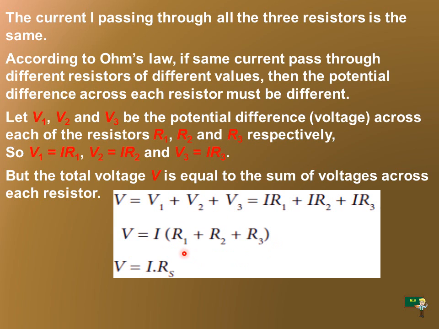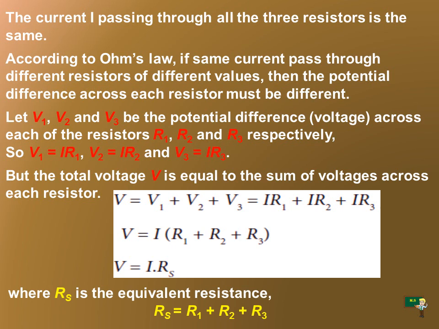As we put CS in conductors, here we put RS, resistors in series. V is equal to IRS using Ohm's law, where RS is the equivalent resistance. Therefore RS is equal to R1 plus R2 plus R3.